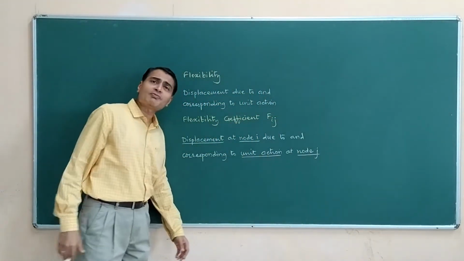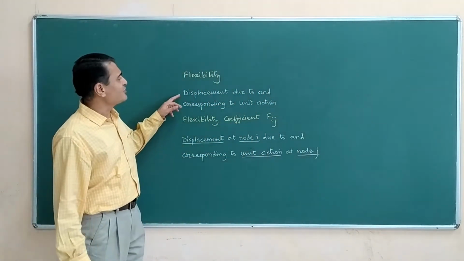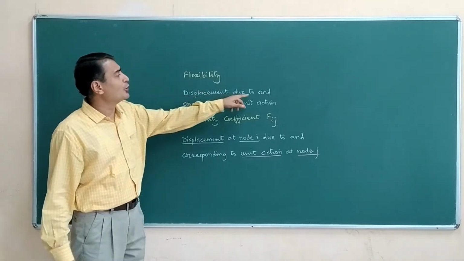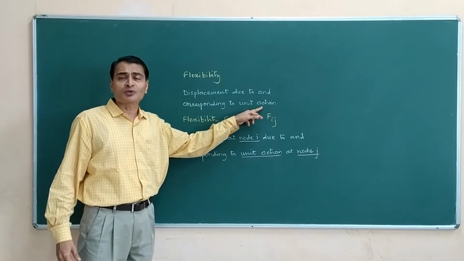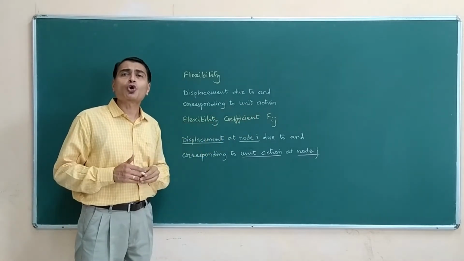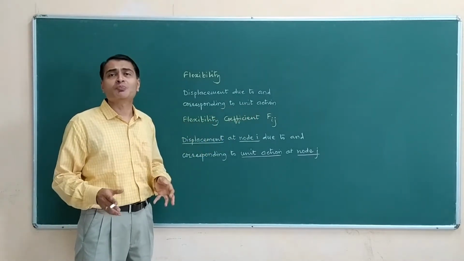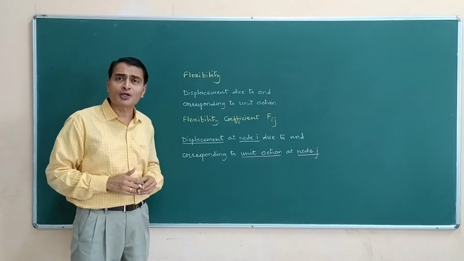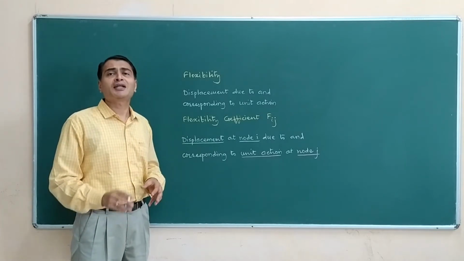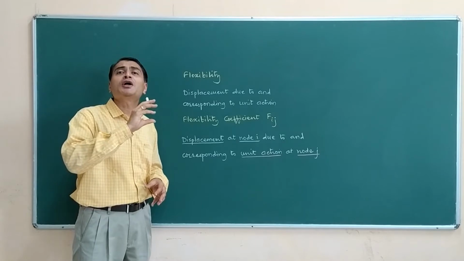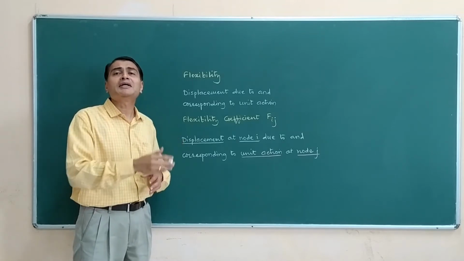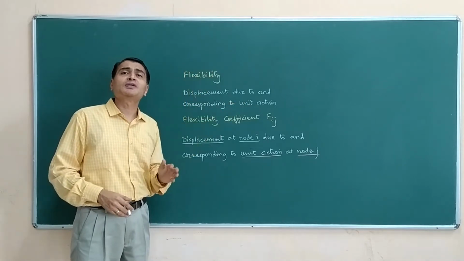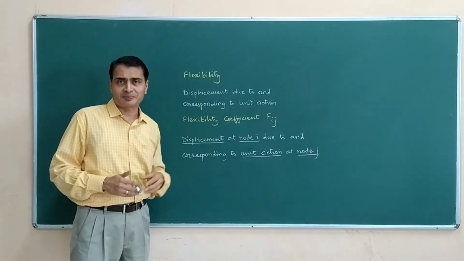We already have defined flexibility as a displacement due to and corresponding to unit action. Many students do not understand the difference between due to and corresponding to. Try to understand, when I apply a unit couple moment, because of that couple moment there might be a deflection, there might be a slope.